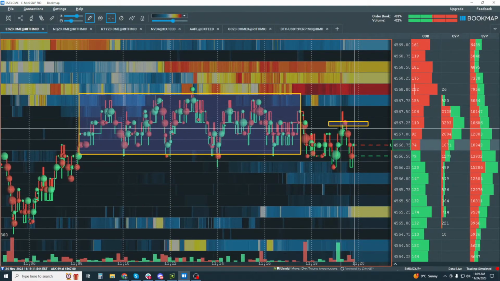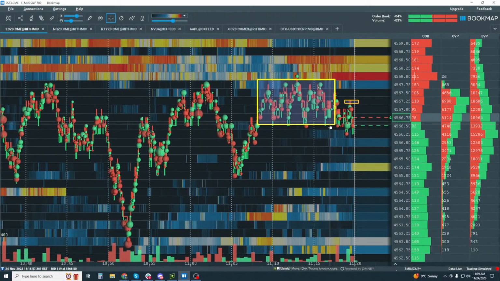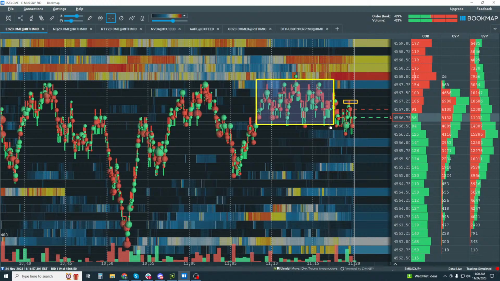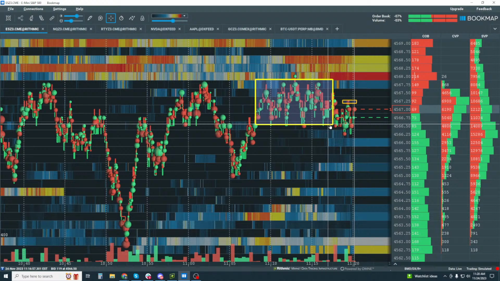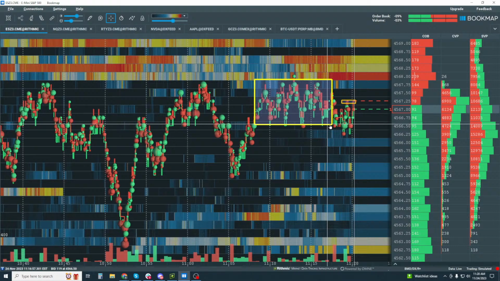Anyway, guys, we're just starting to understand this auction process based off of first principles: value, and what the instrument is worth. We're starting to evaluate that and understand what traders think about these price levels.